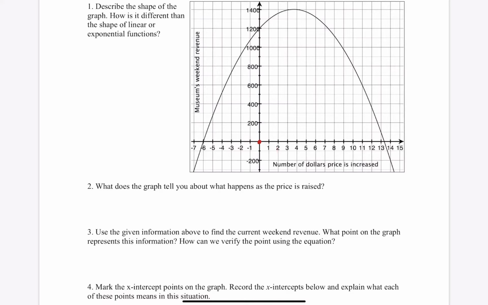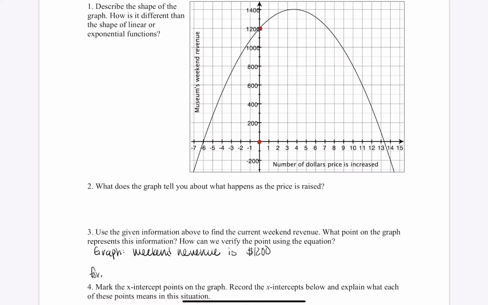And the revenue with a $6 ticket price is up here at $1,200. So per the graph, weekend revenue, and I'm writing this in the wrong spot, so let me move it, is $1,200. Now, how can we verify this using the equation?